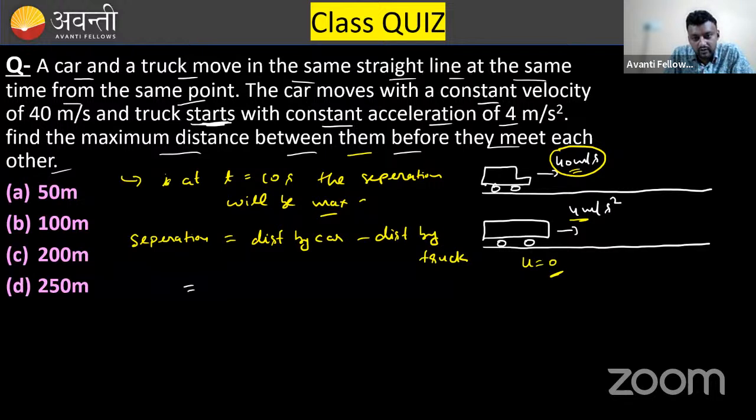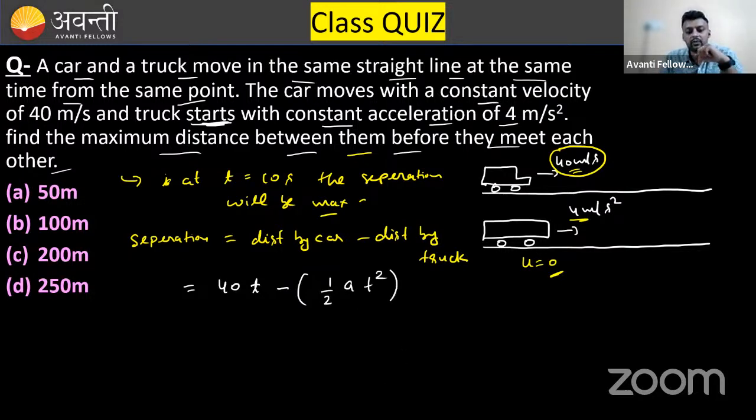Now the distance moved by the car: the car is moving with constant velocity, that is 40, and t. Distance equals speed into time. So the distance moved by the car is 40t minus the distance moved by the truck. The truck is moving with acceleration, so the distance is s equals ut plus half at square. But initial velocity is 0, that means only half at square.